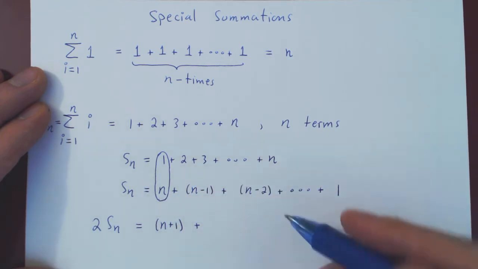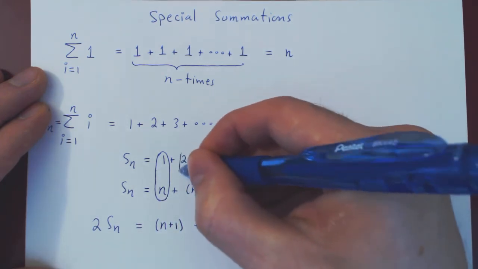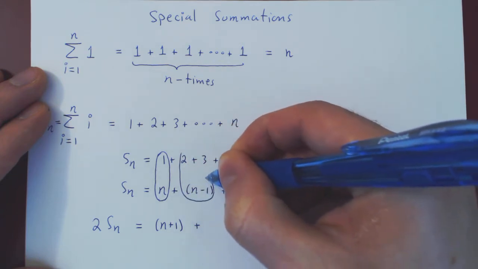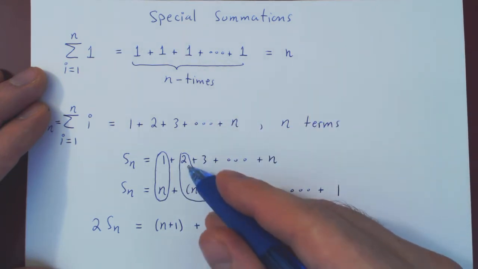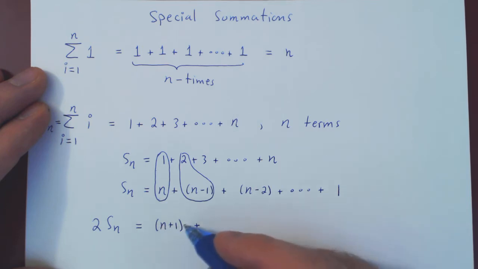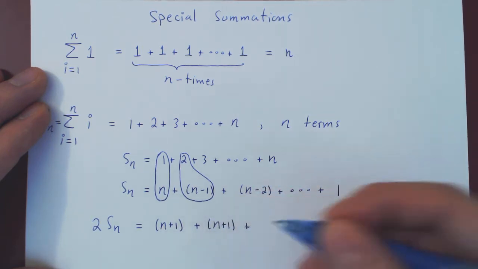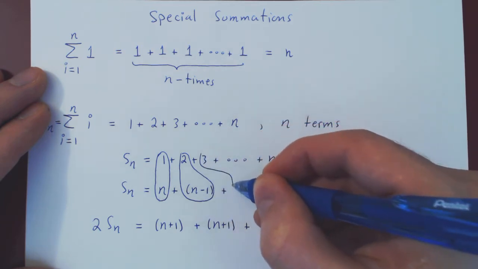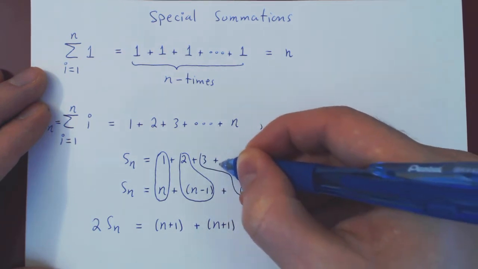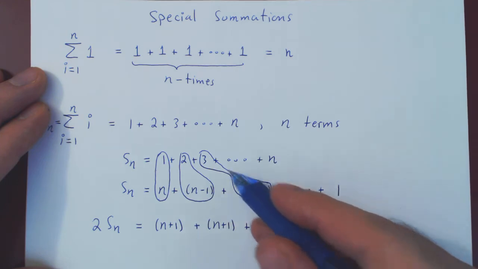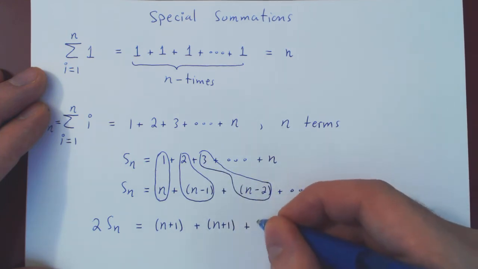Plus, then we'll add up 2 with n minus 1. But n minus 1 plus 2 is again n plus 1. Plus, we'll add up 3 with n minus 2. But once again, n minus 2 plus 3 is n plus 1.